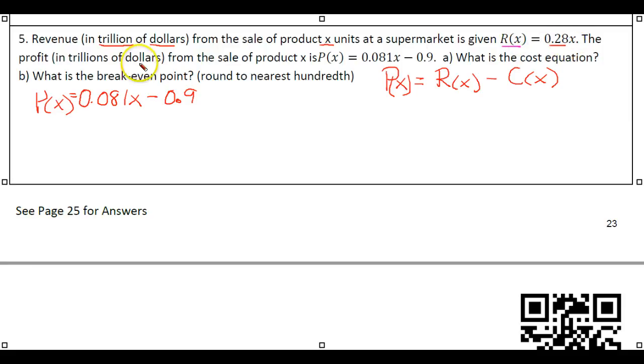Now they're giving us a profit function, and the profit function is here, but where does profit function fit in? And the general formula for profit function is equal to the revenue function minus the cost function. So what we don't have is what is the cost function.